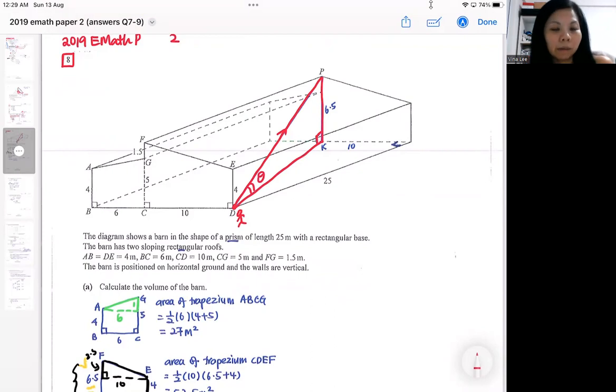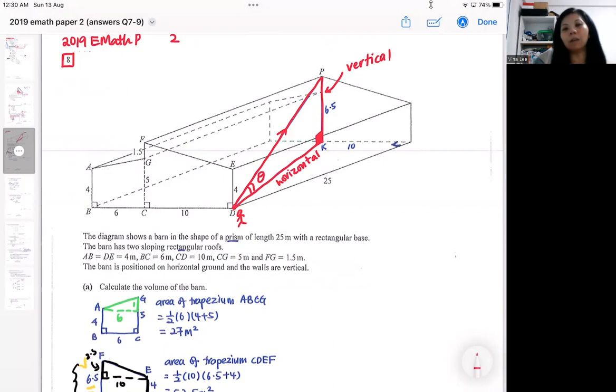So here comes the difficult part. If you can identify this angle, you must visualize that this is a 90 degree because this part is vertical and this is horizontal because it's on the ground. That's how I got the 90 degree.